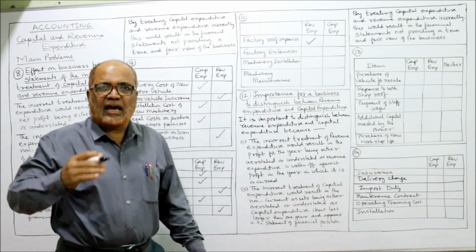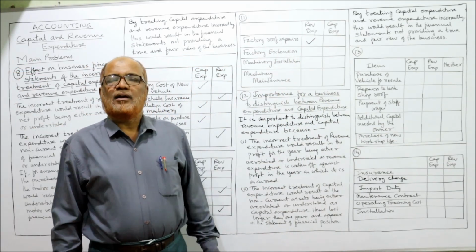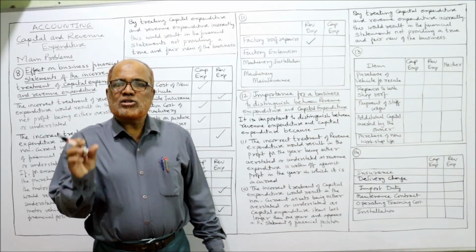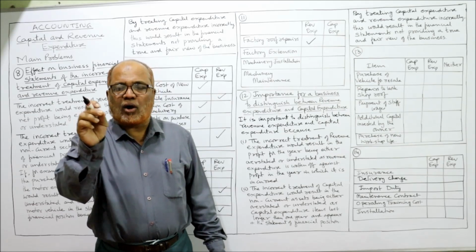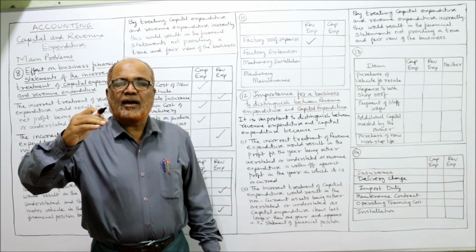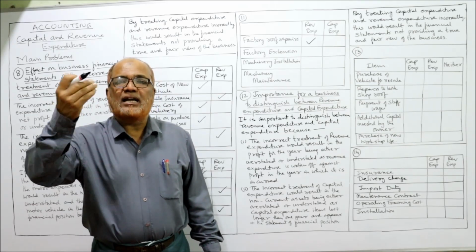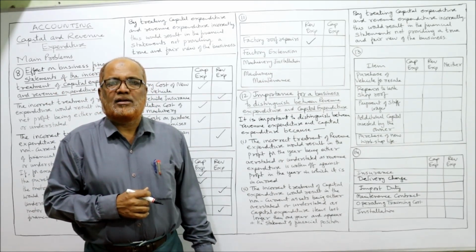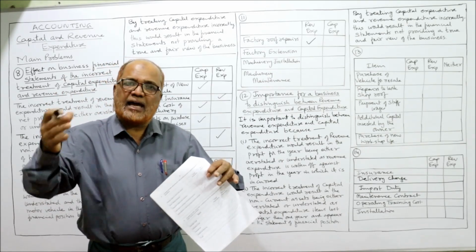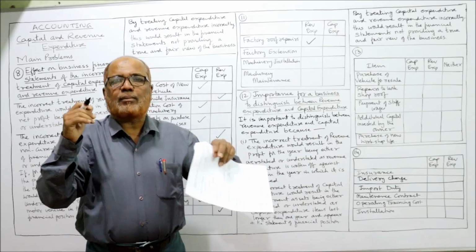Now factory extension, it's a capital expenditure because the meaning of capital expenditure is purchasing or acquiring a non-current asset or making improvement or making additions to the existing non-current asset. So when you make addition to the existing non-current asset, that is also a capital expenditure.